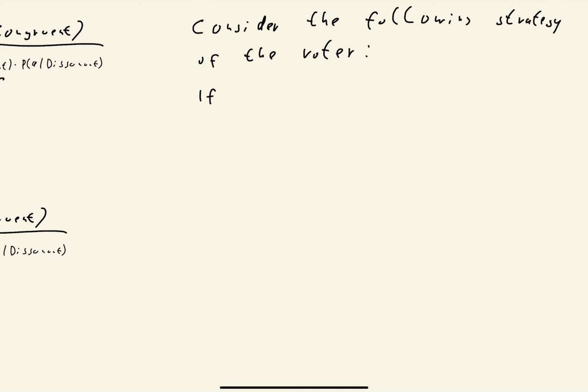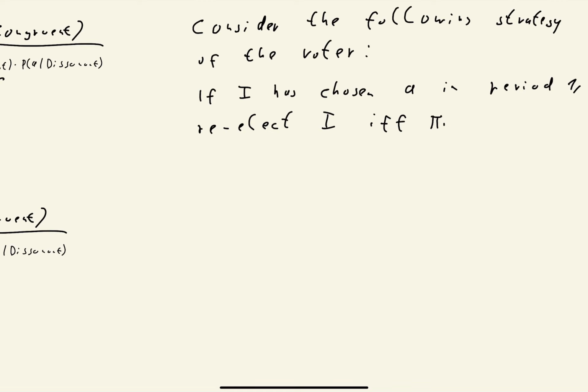If I has chosen A in period 1, re-elect I, so the incumbent, if and only if your belief of the incumbent being of a congruent type, given that he has chosen policy A, is larger than your belief about the challenger of being a congruent type.